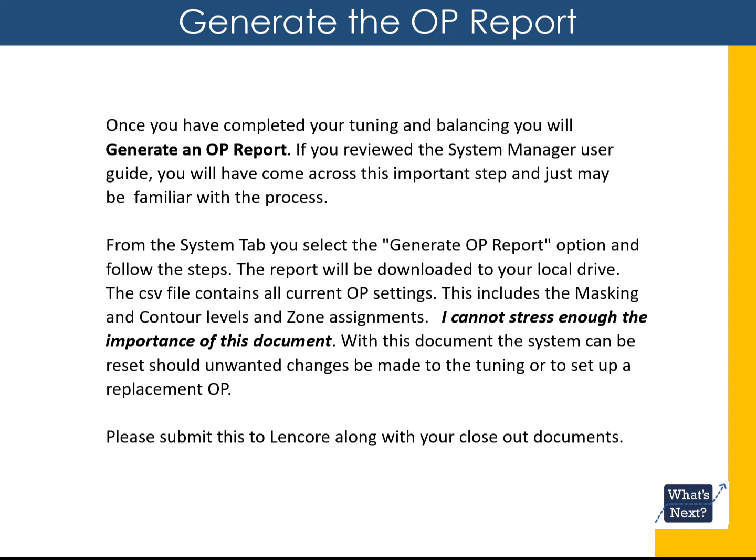The CSV file contains all current OP settings. This will include the masking and contour levels and zone assignments. I cannot stress enough the importance of this document. With this document, the system can be reset should unwanted changes be made to the tuning or to set up a replacement OP. Please submit this to Lencore along with any closeout documents.